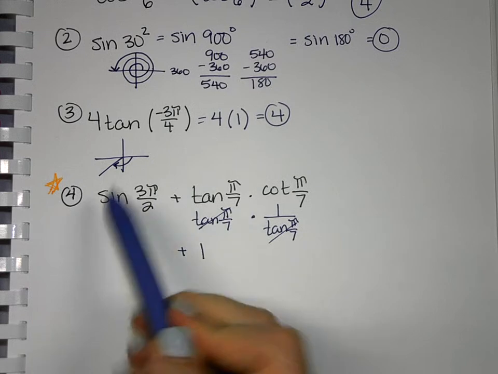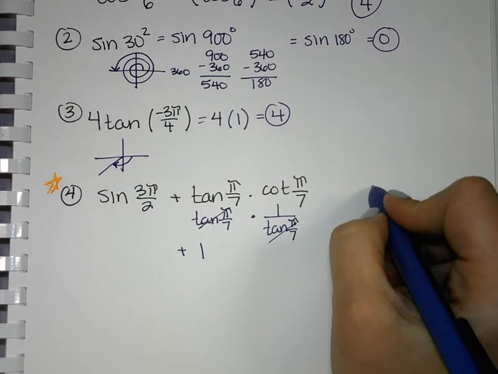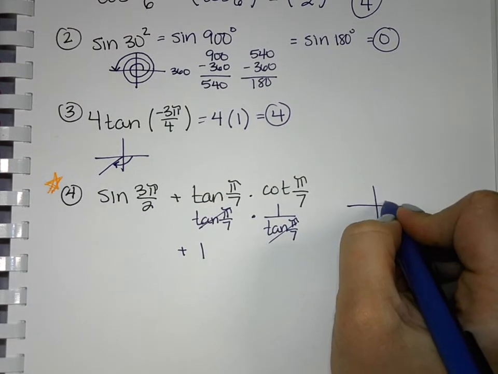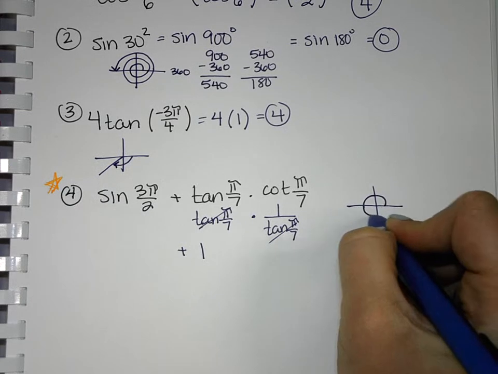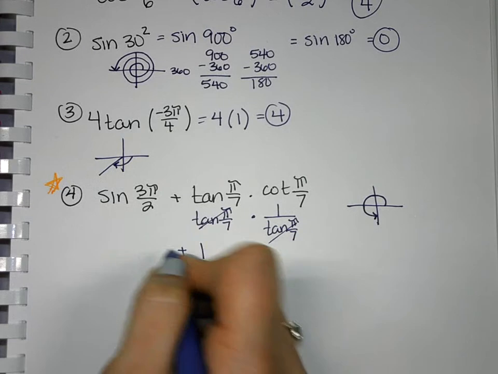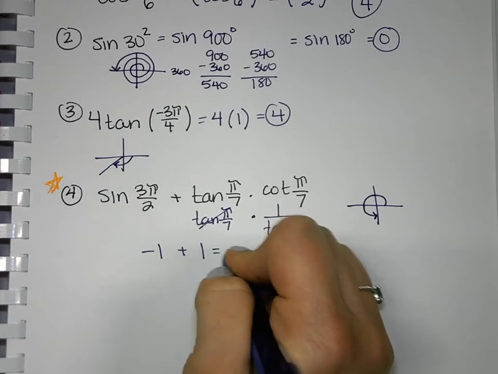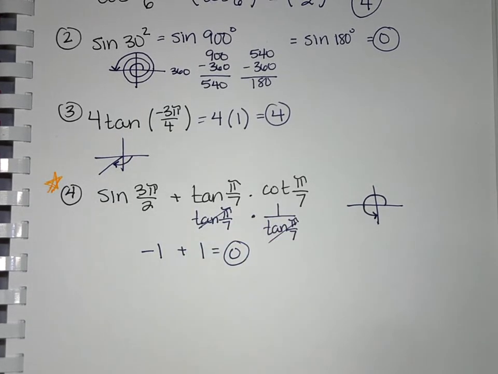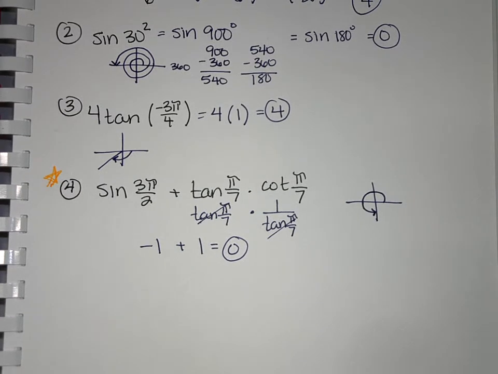So 3 pi over 2, if we look at our, so that's pi over 2, 2 pi over 2, 3 pi over 2. What is the sign of that quadrantal? Negative 1. So what's negative 1 plus 1? 0. So when you have something like this where you have a combination of operations, make sure that you guys are following your order of operations so that way you can simplify it correctly.